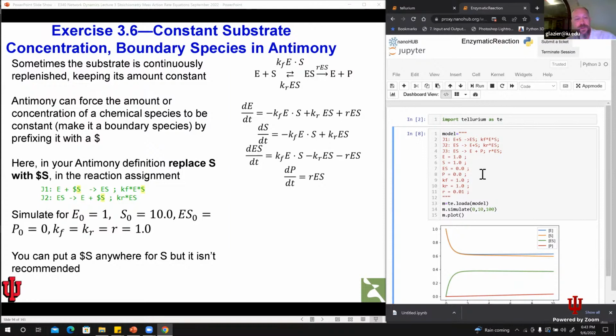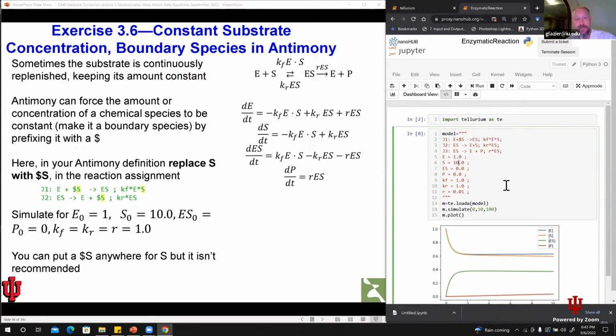And I can do that by putting a $ into my reaction here. And let's make S 10 instead of 1 here. And everything else stays the same.